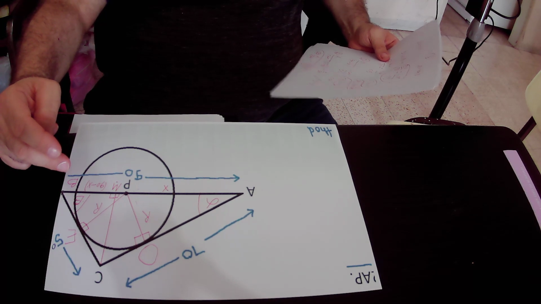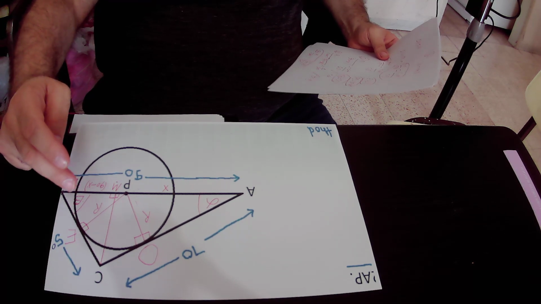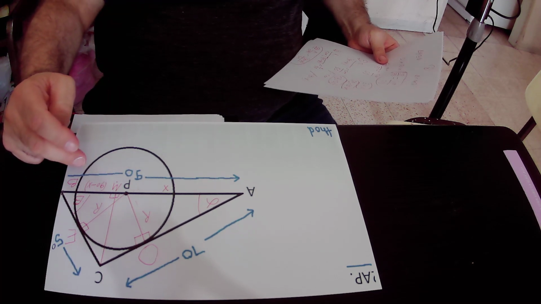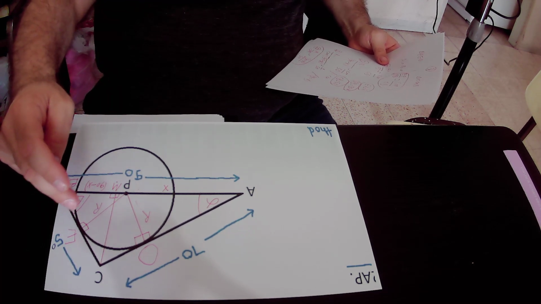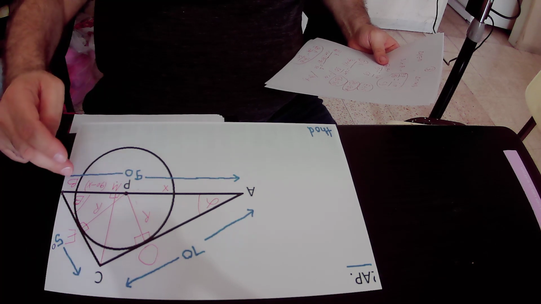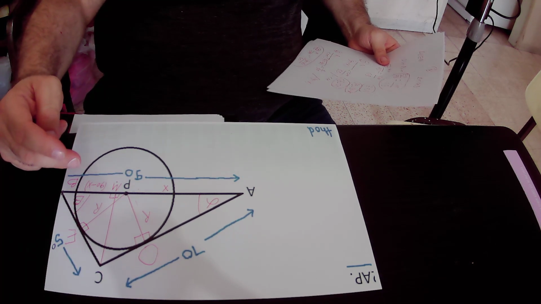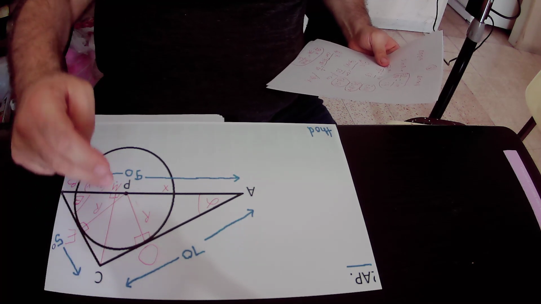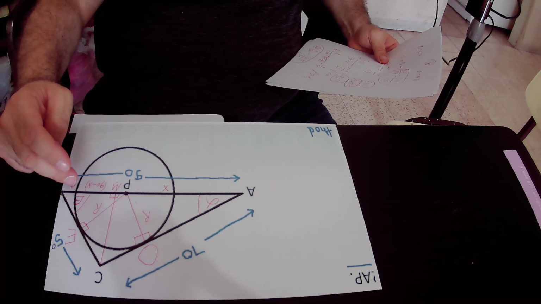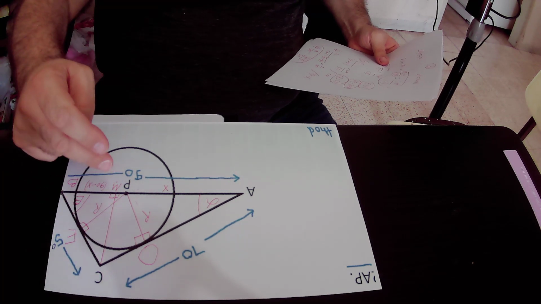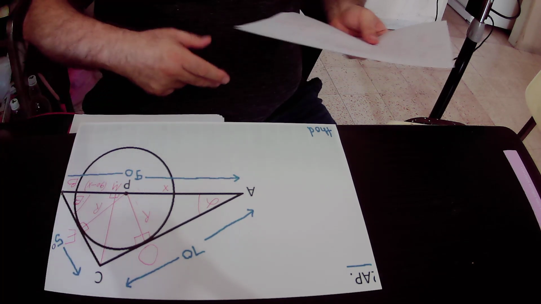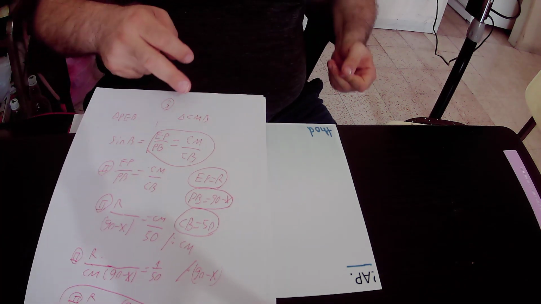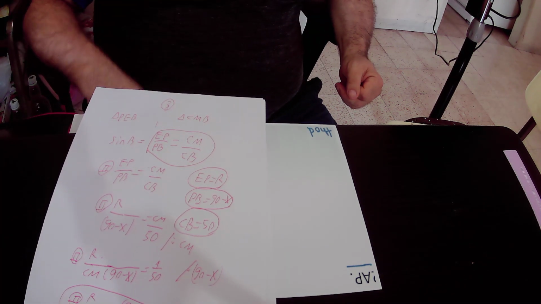In the right triangle EPB, sine beta equals EP over PB, and in the right triangle CMB, sine beta equals CM over CB. So in total we got that sine beta equals EP over PB, which equals CM over CB.